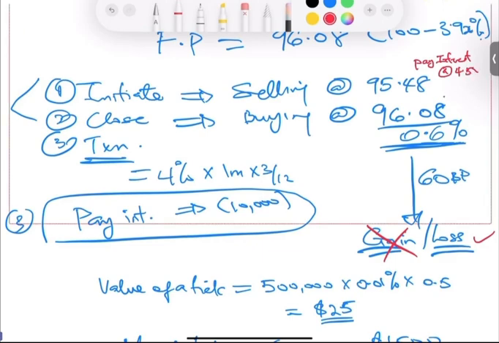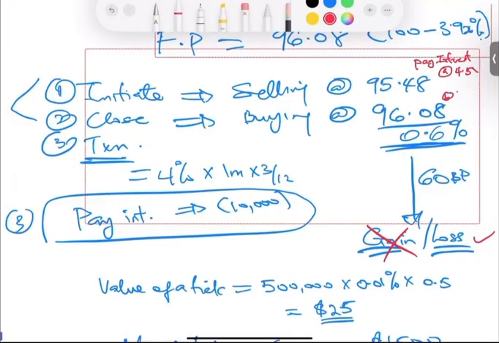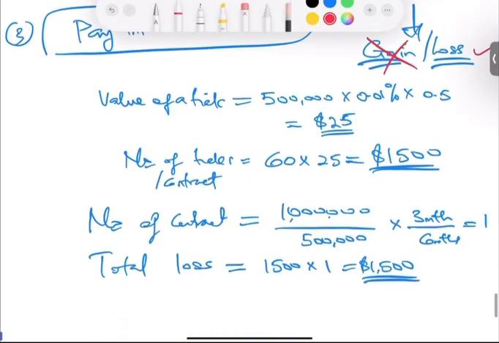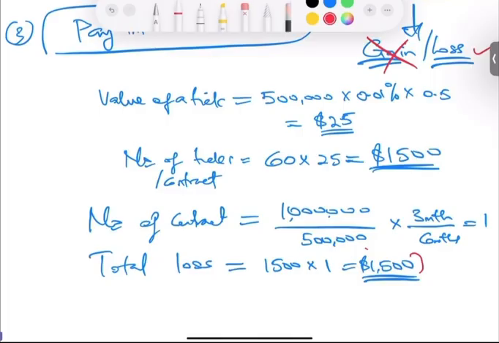And when you are buying a bond, you're going to be receiving interest at 3.92. So you can see that you are receiving interest at a lower rate than you are paying interest. So it's a loss. And another way to look at it is that you are selling at 95, you are buying at 96. That's a loss. So that's how you know that this 1,500 is a loss.